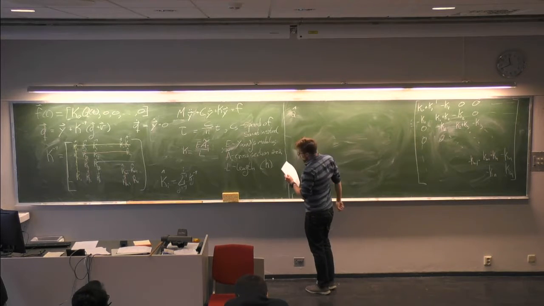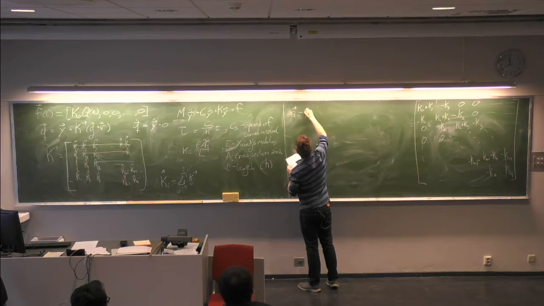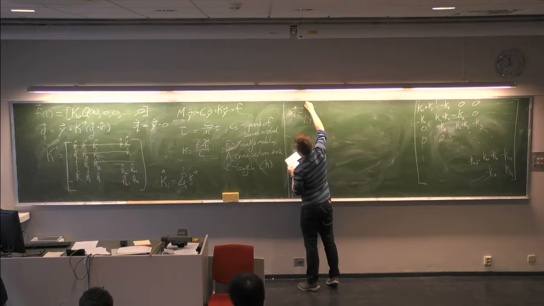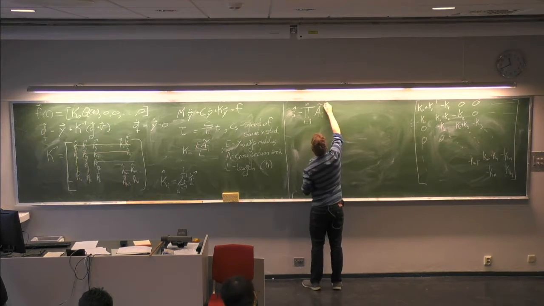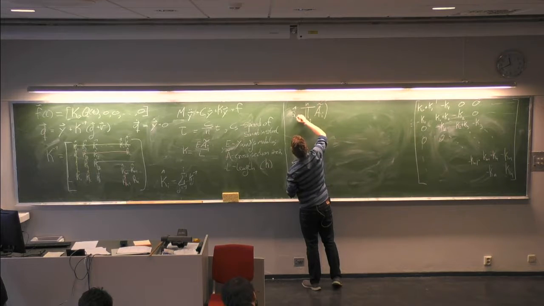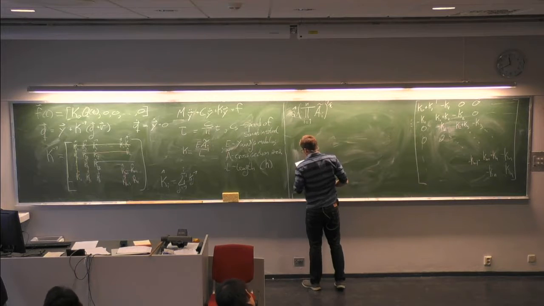Next, I'm going to introduce the geometric mean of all of these cross sections. Basically you multiply all of them, A_i, and take the nth root of this.